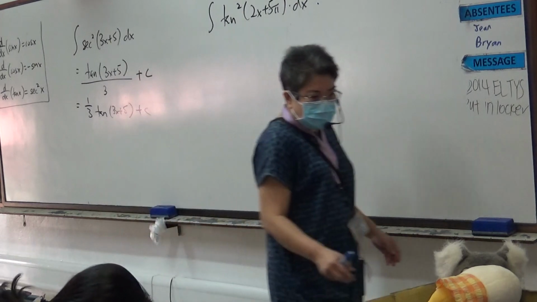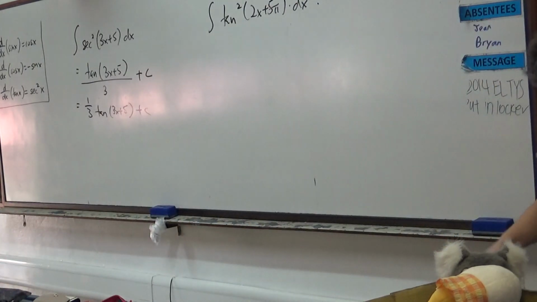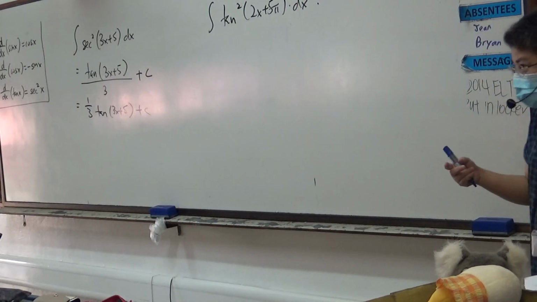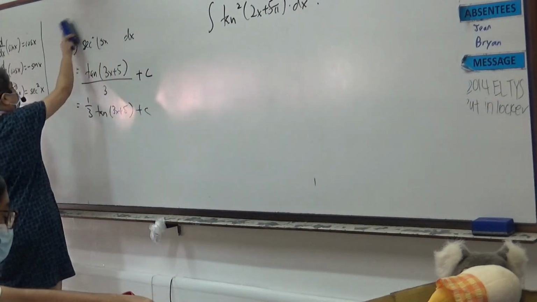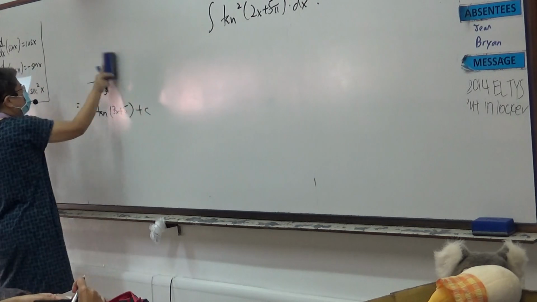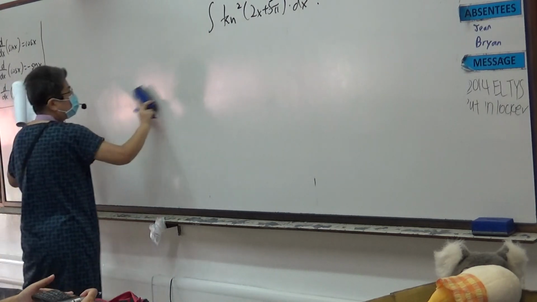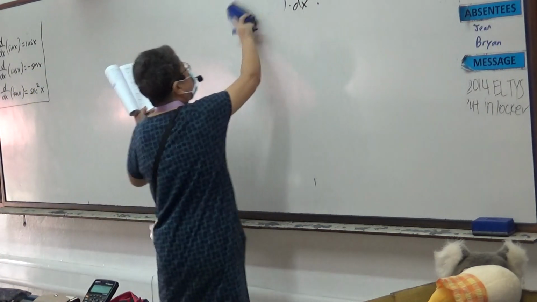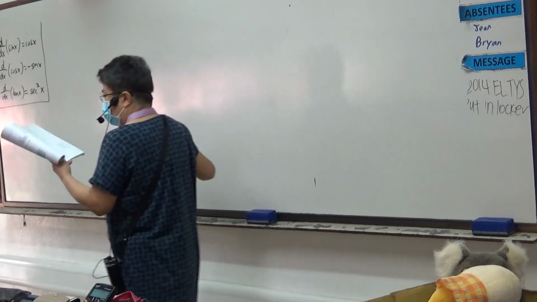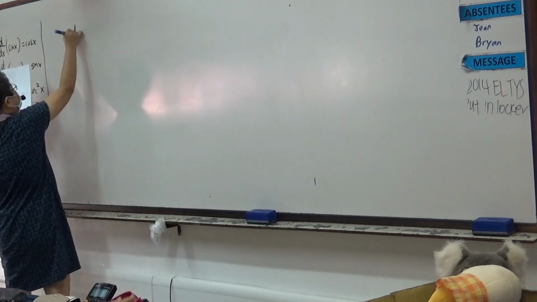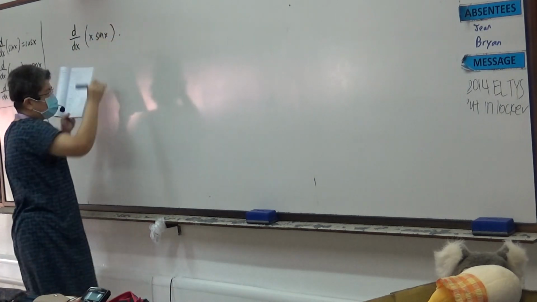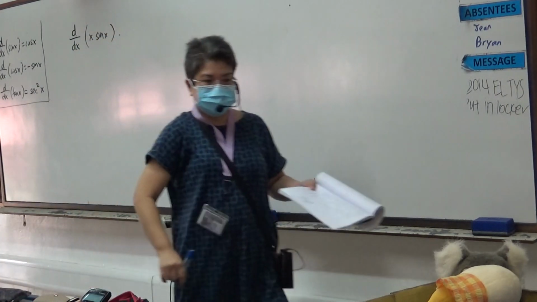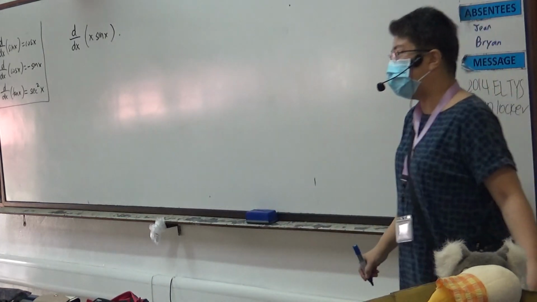Okay, good. Now, next, I'm moving on to example 11. That's where I stopped, right? Let's take a look at example 11. They want to find this. What do you mean by this, class? You differentiate the inside, right?